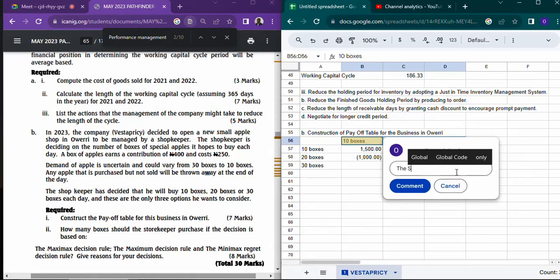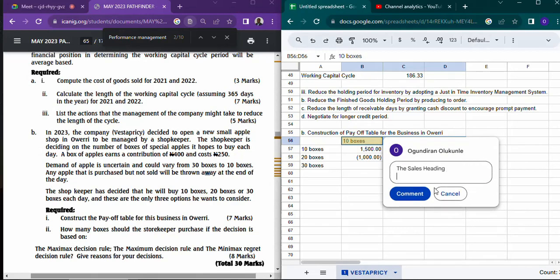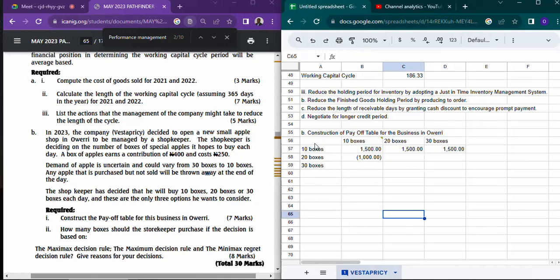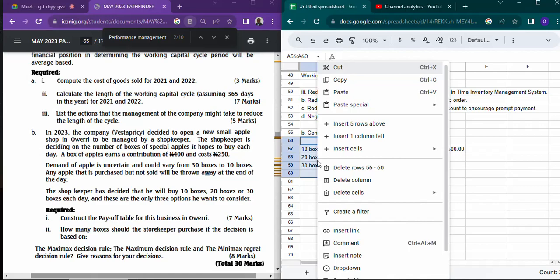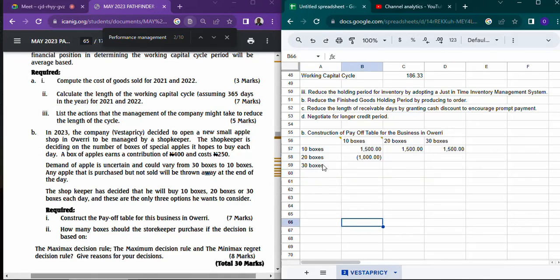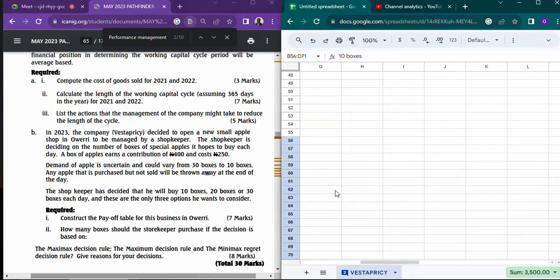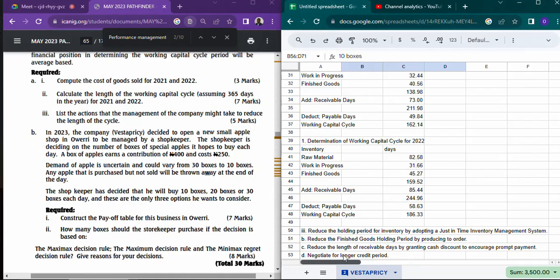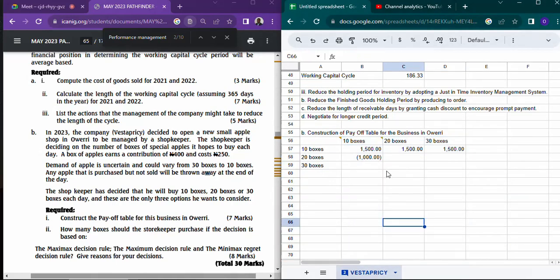The sales heading, and here is the purchases heading. So what he has here is what is purchasing. What he has here is what is selling. Do you get it?